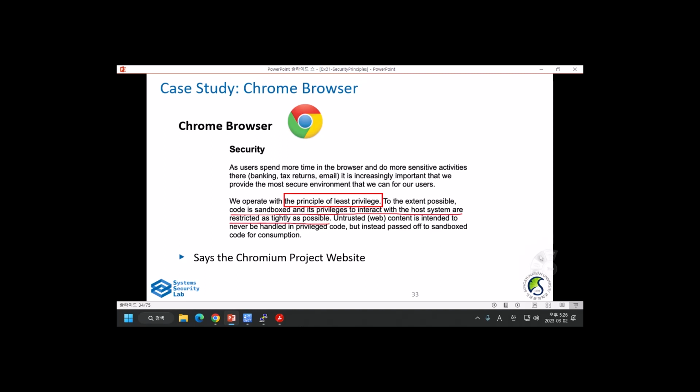You put it in a sandbox and you try to control all the interaction with the host system. Kind of like how you have to make system calls if you want to do anything. So least privilege, separation of privilege, complete mediation. Everything's kind of built into the design of the Chrome browser.